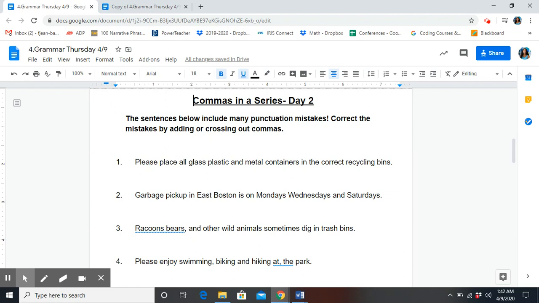The first rule was commas separate a list of items or a series of items. Number two, the comma goes after each separate item in the series. It tells the reader when to pause. Now we know that a series refers to a list of three or more words or phrases in a sentence.